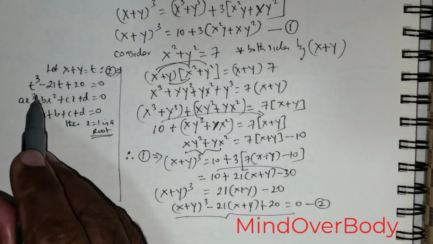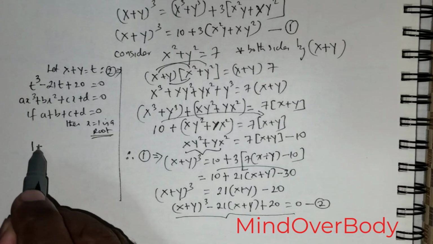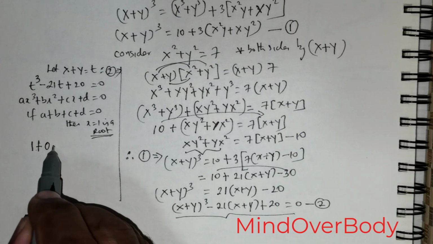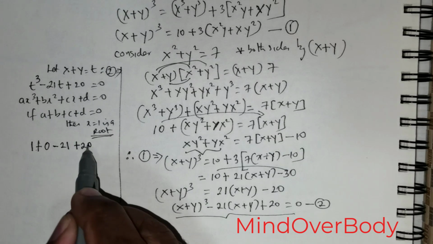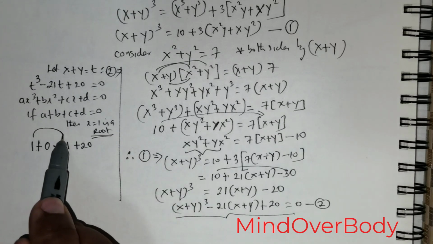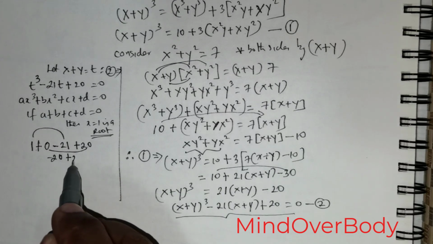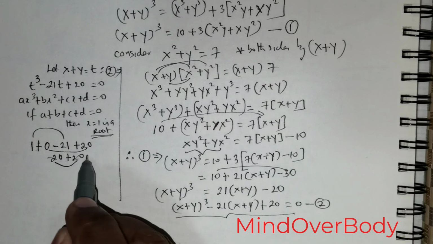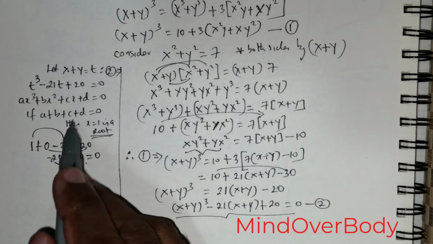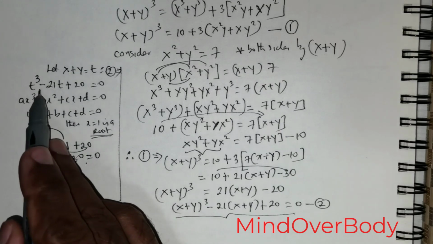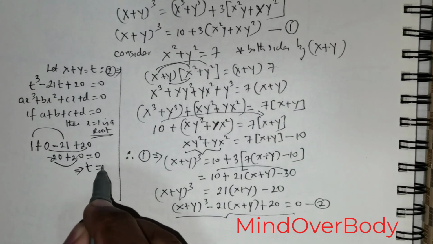The coefficient of t cubed is going to be 1, the coefficient of t squared is going to be 0, the coefficient of t is going to be negative 21, and the constant term is going to be positive 20. Now 1 added with negative 21 would give me negative 20, 0 added with 20 would give me positive 20, negative 20 added with positive 20 would give me 0. So we are looking at x is equal to 1 as a root because of the condition being satisfied, but in this case we are not dealing with x, we are dealing with t. So this would mean that t is equal to 1 is a root.